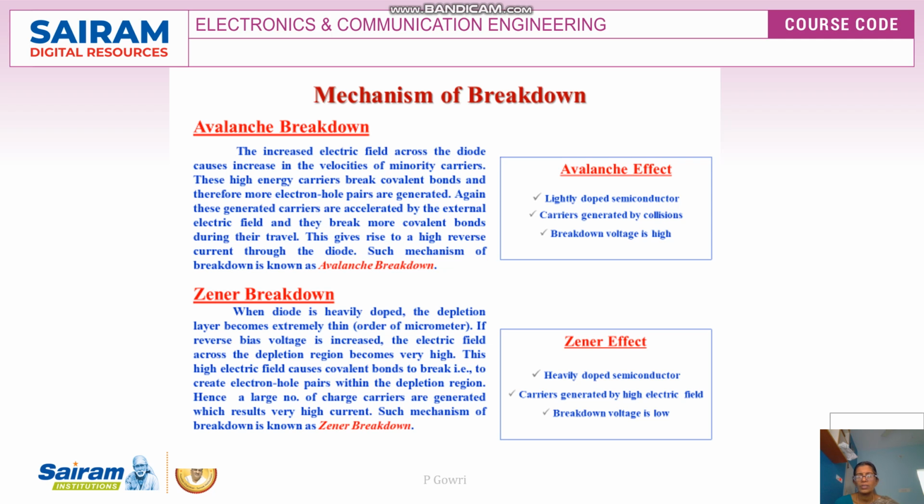So it is a simultaneous process, and also a progressive process, and hence this gives rise to a high reverse current through the diode. That mechanism by which the current increases due to the applied electric voltage and due to the collision of charge carriers is called avalanche breakdown.